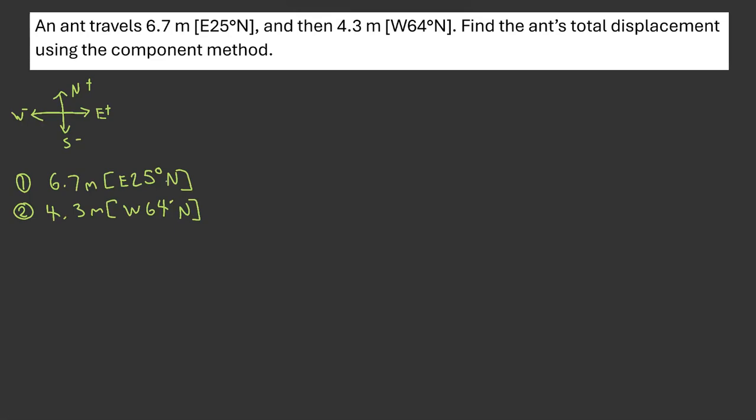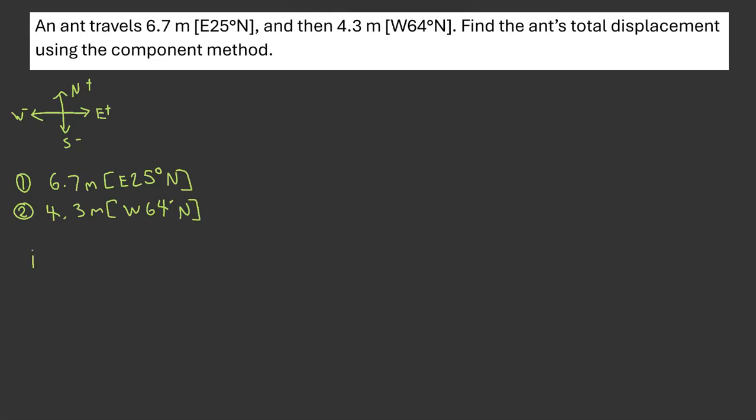So what the question is basically asking us is to add these and find the displacement between where our ant started and where it ended. And we can find that by adding these two vectors together.